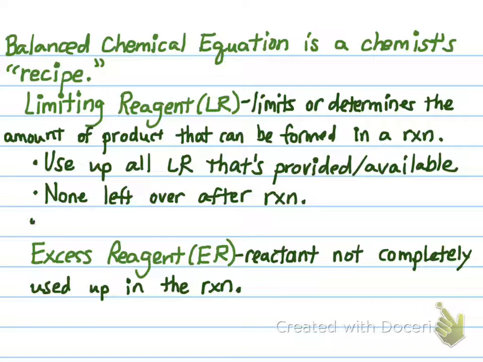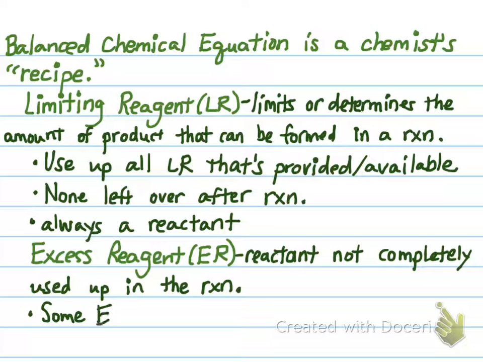And keep in mind, when we're looking at limiting reagent, it's always a reactant. Our product is never a limiting reagent, okay? So again, our excess reagent is any reactant, or if there are multiple reactants, not completely used up in the reaction. The key is that some excess reagent is left over unreacted.